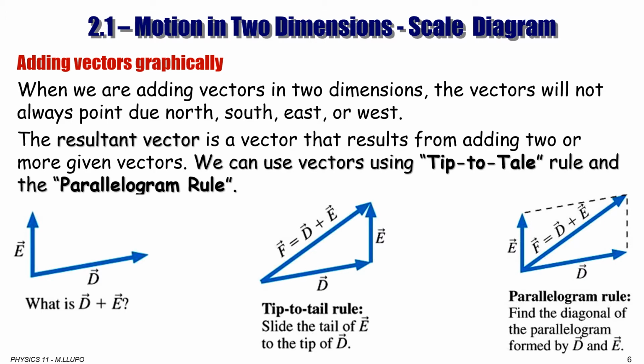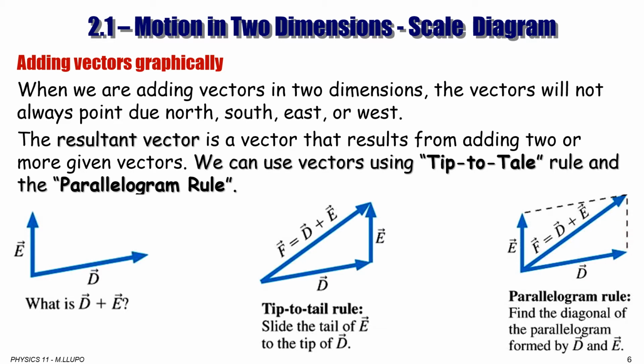Another rule is the parallelogram rule. The parallelogram rule is useful when those two vectors are starting from the same origin. So you don't really need to move anything. You just draw a parallel from the tip of one vector parallel to the other vector.